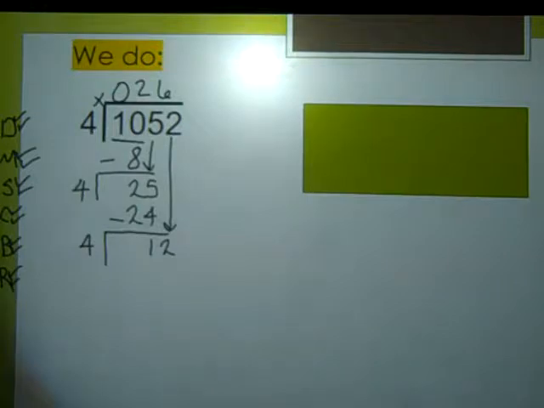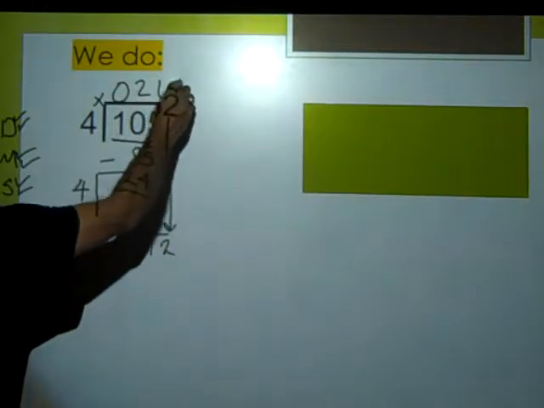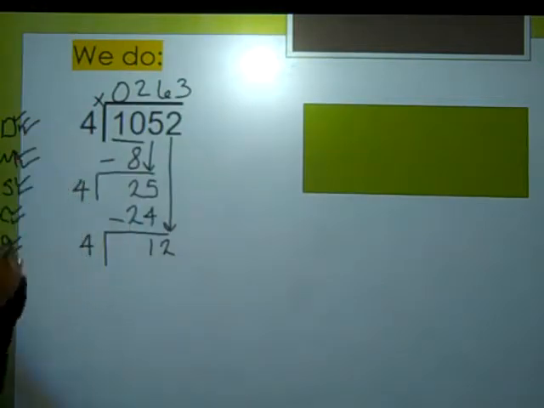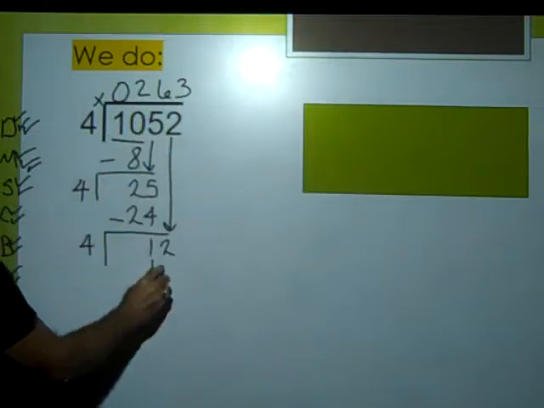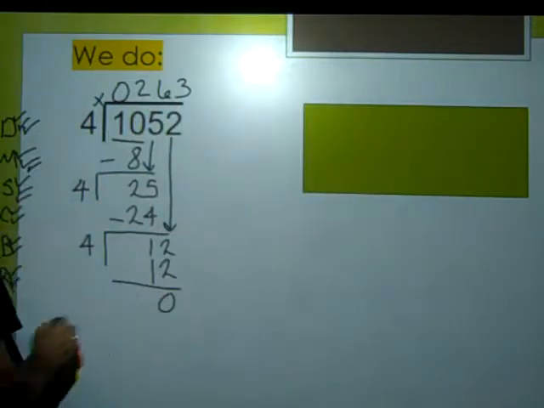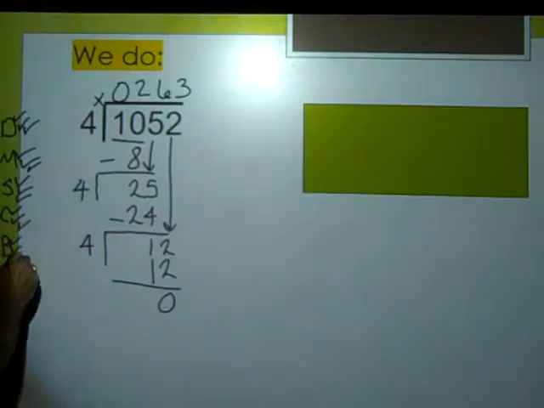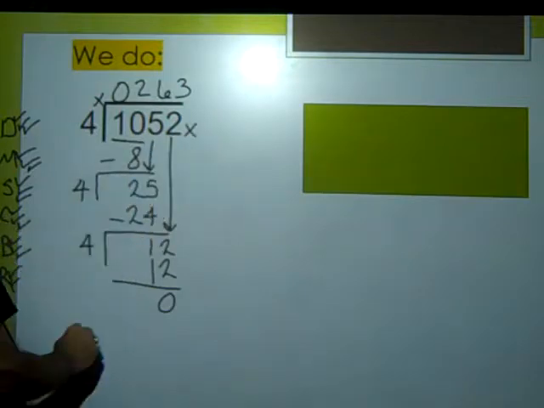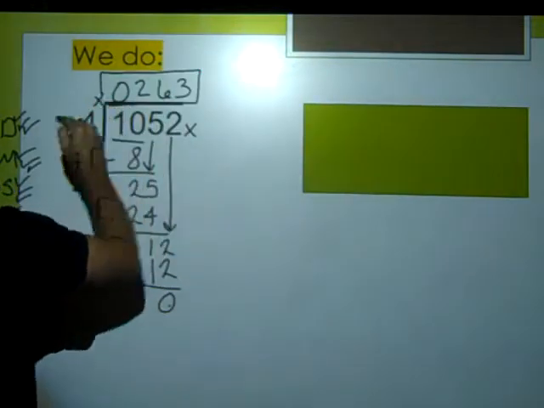How many groups of 4 can I make from 12? If I count by 4s, 4, 8, 12, that's 3 groups. Multiply, 4 times 3 gives me 12. Subtract, 12 minus 12 is 0. Check, is 0 less than 4? The answer is yes. Bring down, there's nothing left to bring down. I've got no remainder, so my quotient is 263.